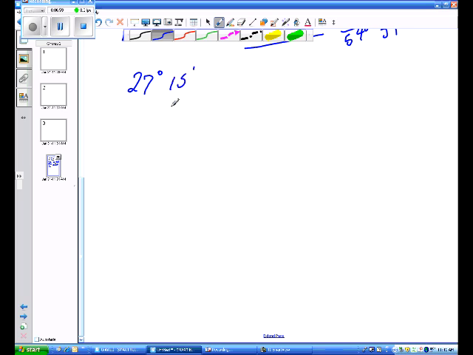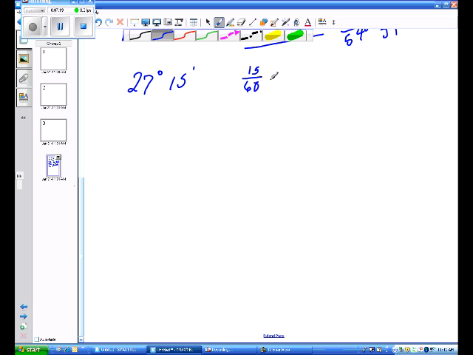Well, that's in degrees and minutes. If we need this as decimal degrees, which we will for most of our problems, your calculator will change it, but so that you understand how it's changed, that 15 minutes is 15 sixtieths of a degree.